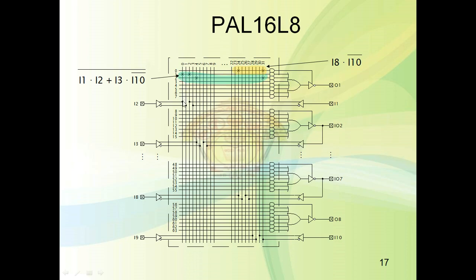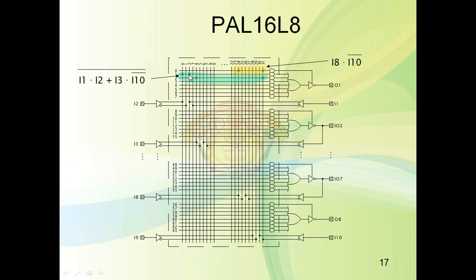This is nothing but I2, and this is I1. And what is the input symbol here? At every input side there will be a buffer and an inverter. So this is the symbol of the input buffer as well as the inverter. So these two cross marks indicate one product term, I1 and I2.